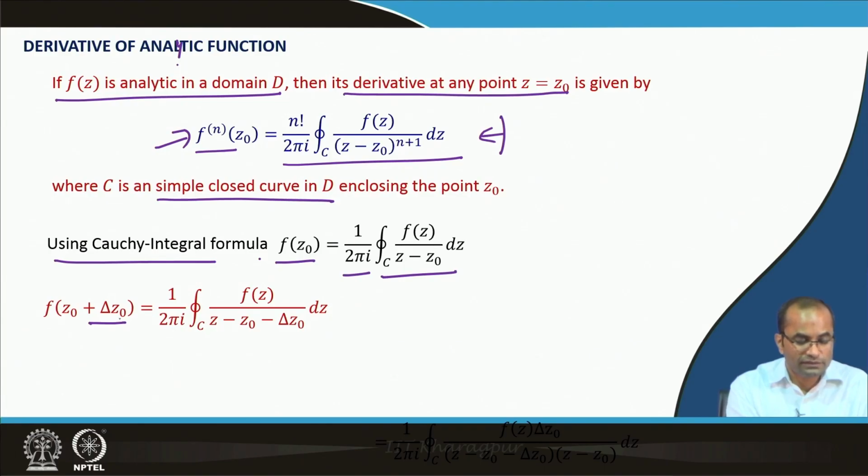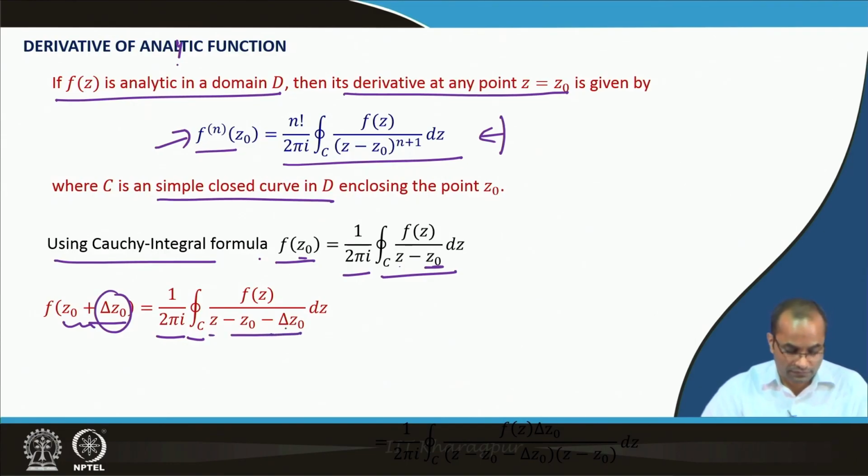So, 1 over 2 pi i, the integral of f(z) where instead of z0 we now have z0 plus delta z0, so z minus z0 is replaced by z minus (z0 plus delta z0).